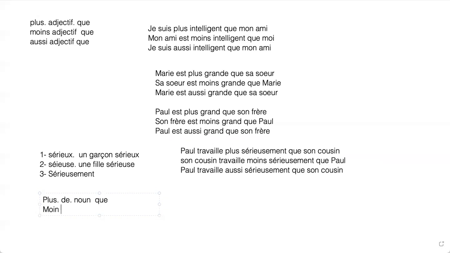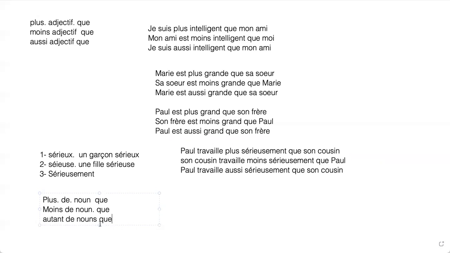You say moins de plus noun plus que. And here you say autant instead of aussi. If you want to compare the noun, you need to use autant de plus noun and plus que.